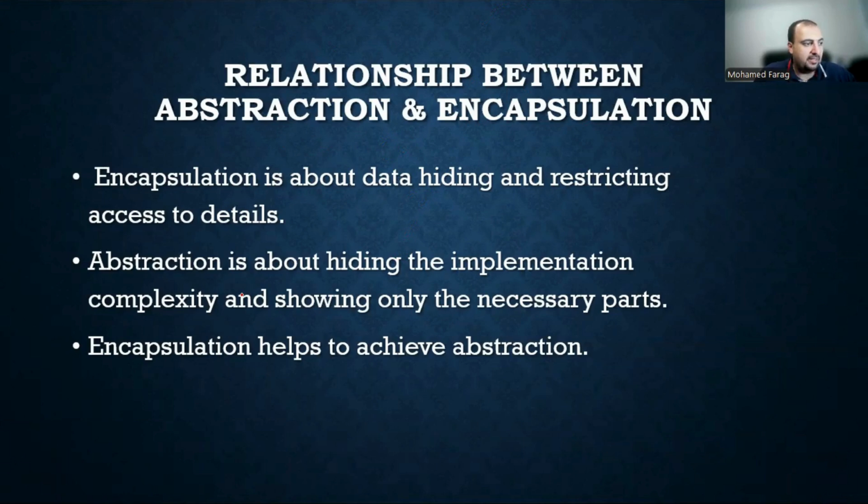Now, on the other hand, abstraction is mostly about simplifying the complexity. So you're trying to hide the implementation complexity, and you're only trying to show the necessary parts, to make the development much easier. You're not doing it for a security reason when it comes to abstraction, because technically you can have some methods being partially implemented or fully implemented. But it's mostly about, hey, I'm not going to show you all the details here.